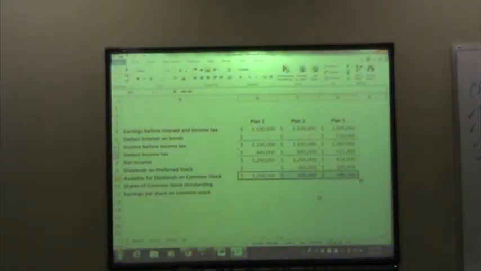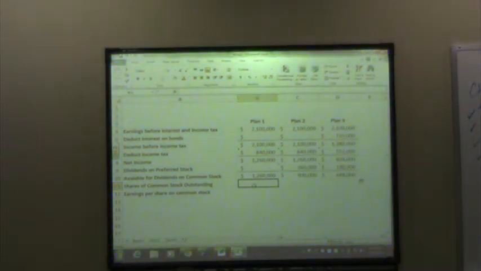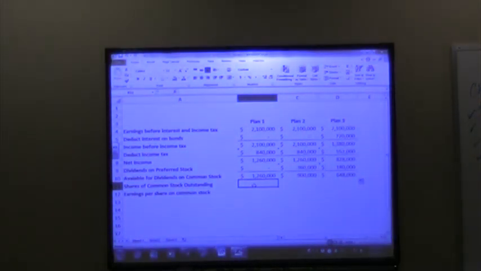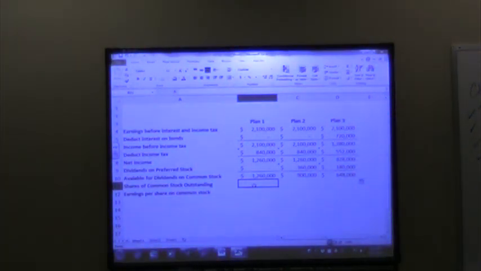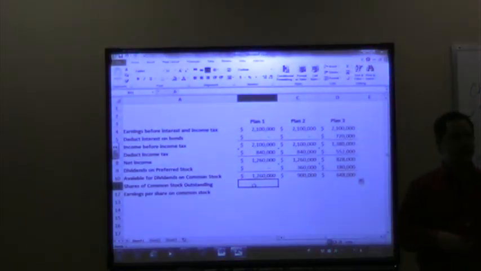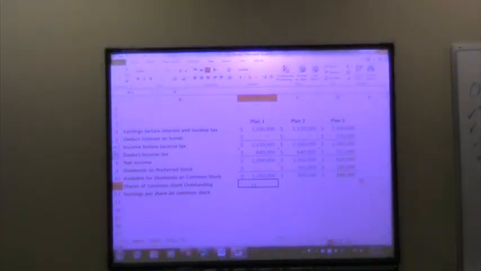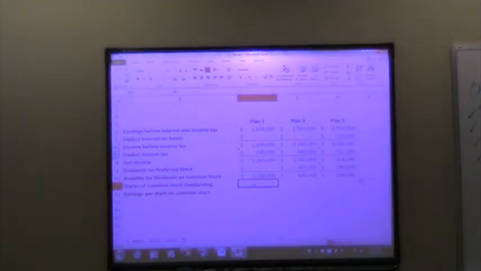And so now I'm going to figure out how many shares I have in each of these plans. So it tells us that we have $18 million in plan one. So how many shares do I have out there? Because it says I have $10 par. So I have 1.8 million. So that's what I'm going to put in here.